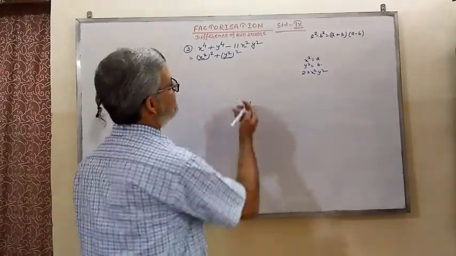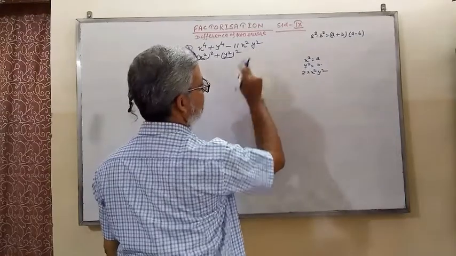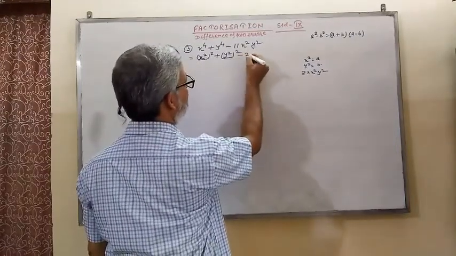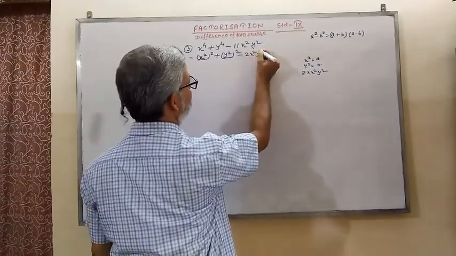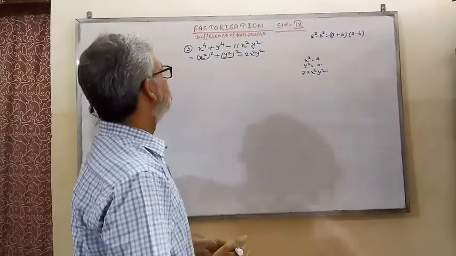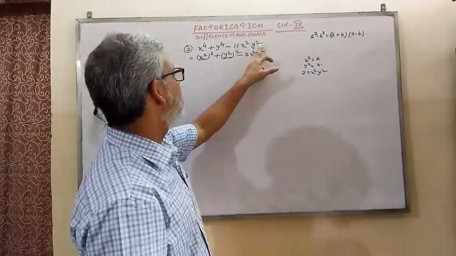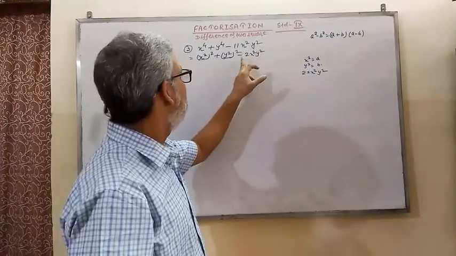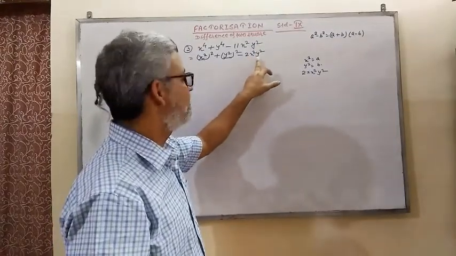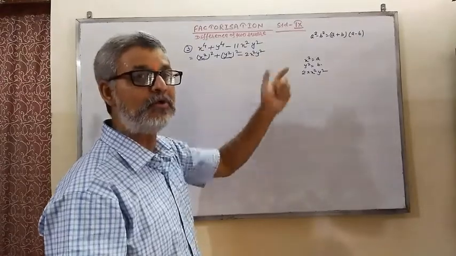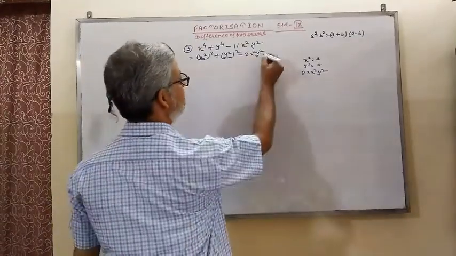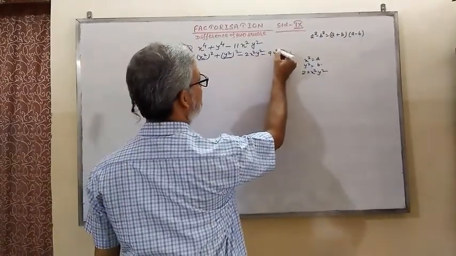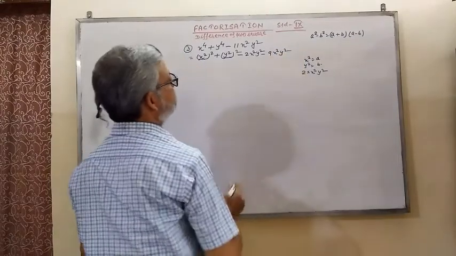So here from minus 11x square y square, I take minus 2x square y square. Now you think minus 11x square y square was already given in the question, and already I used here minus 2x square y square. It means how much is left now? So left minus 9x square y square.